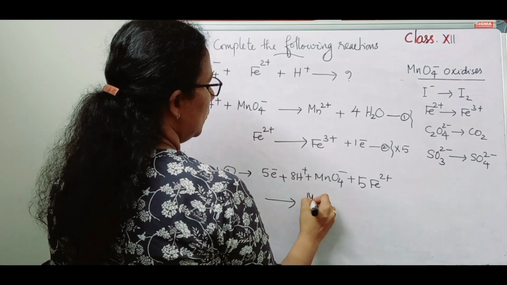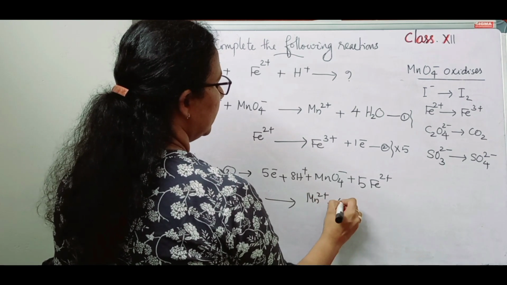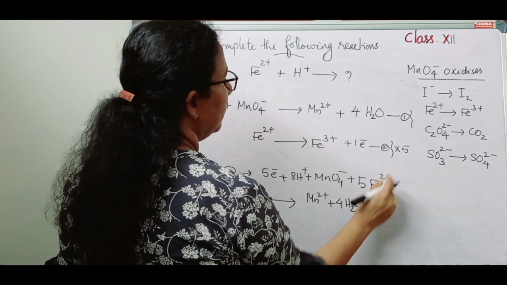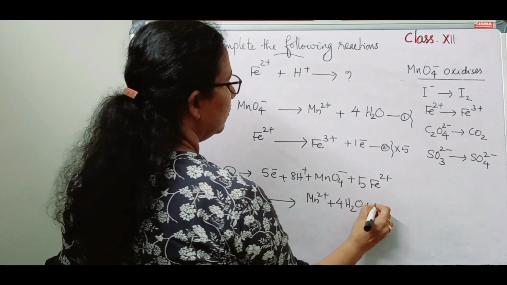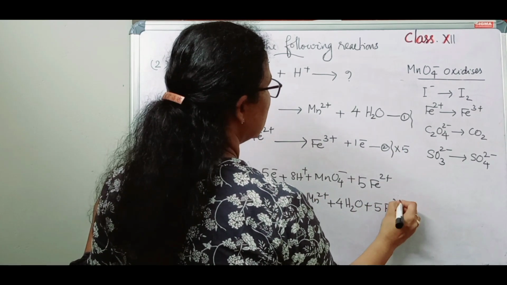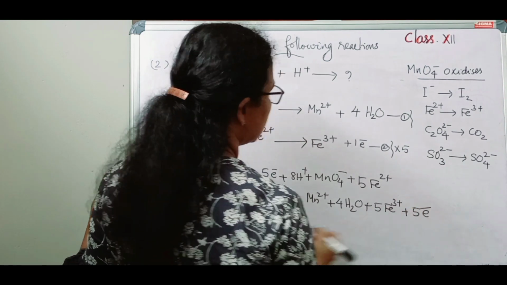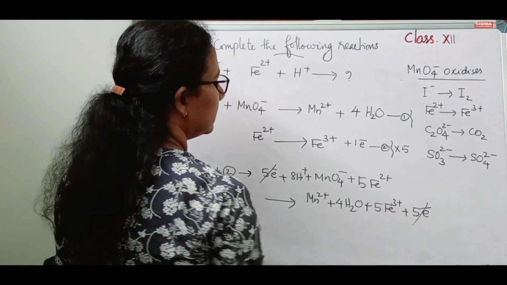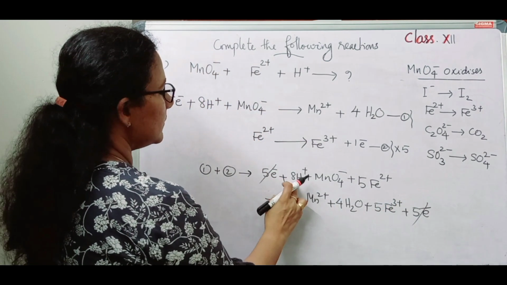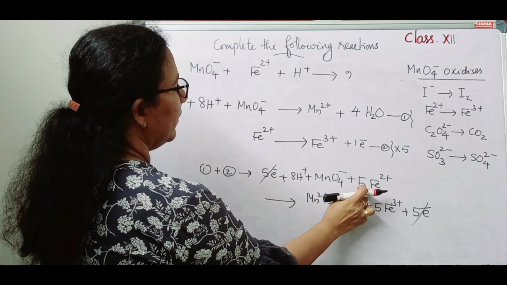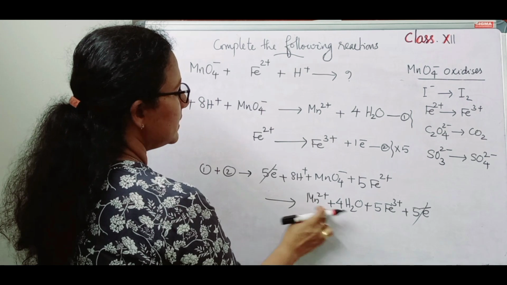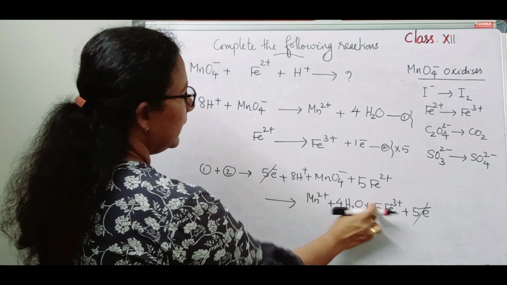So Mn2+ plus 4H2O plus the RHS of the second equation, so 5 into Fe3+ plus 5 electrons. So 5 electrons get cancelled. Then the final equation is 8H+ plus MnO4- plus 5 Fe2+ gives Mn2+ plus 4H2O plus 5 Fe3+.